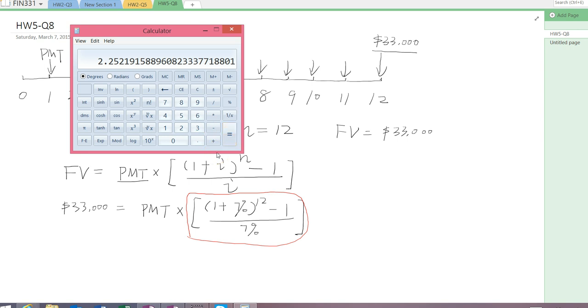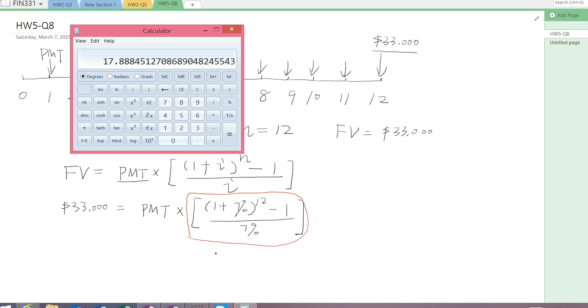So this is the 1 plus 7% raised to the power of 12, which equals 2.25219, and then minus 1, and then this equals my numerator, and then divided by 7%, 0.07. That's my denominator. So now this is 17.888, that's my final number.